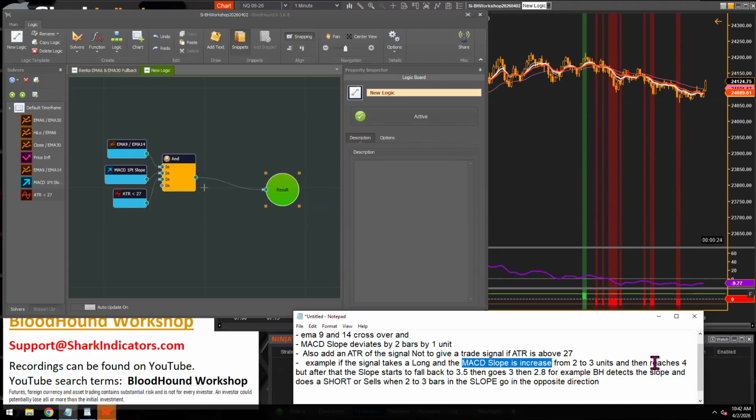For example, if the MACD reaches 4 and then the slope rolls over, and now it's 3.5, and then keeps going lower, then generate a short signal after that.